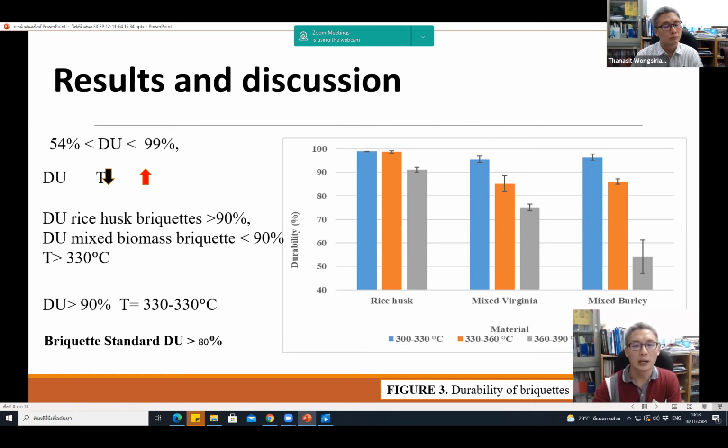When we use high temperature, it decreases the compaction force and the friction force between the die and the briquette. Durability of the mixed biomass was higher than 90% at the temperature of 300, giving a high quality briquette.